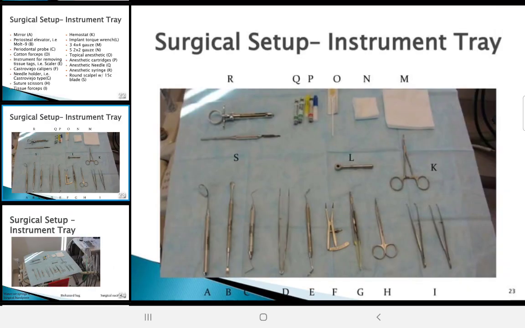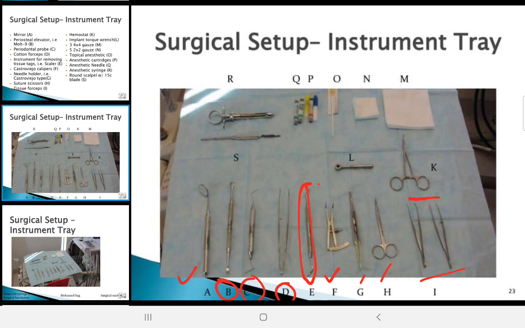So this is the surgical setup of the instrument tray. We have a mirror, periosteal elevator, Molt's elevator is used, periodontal probe, cotton forceps, instrument for removing tissue tags like a scaler, Castroviejo caliper, Castroviejo type of needle holder, suture scissors, tissue forceps.